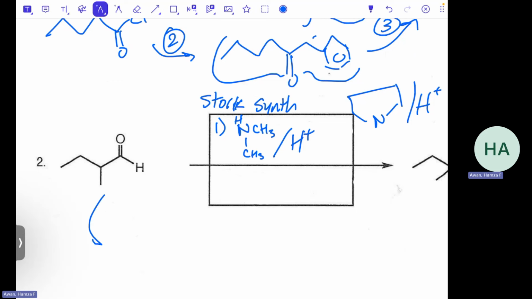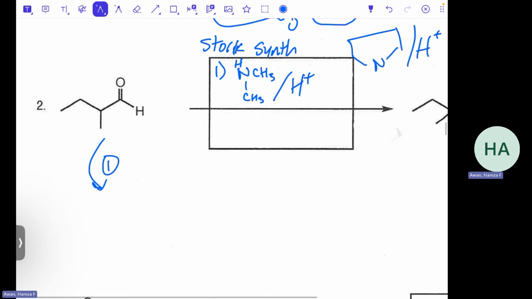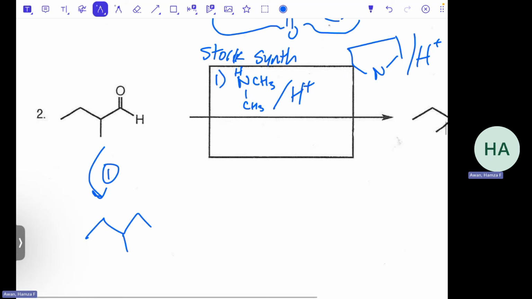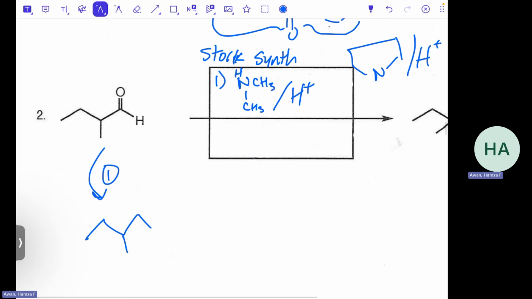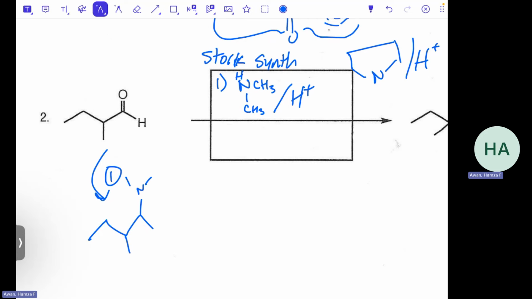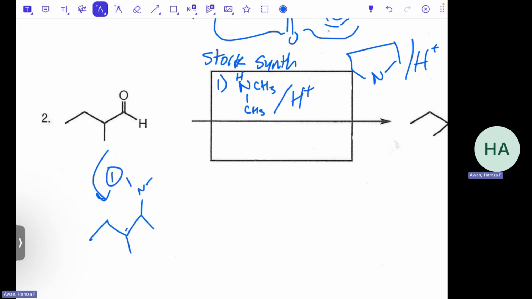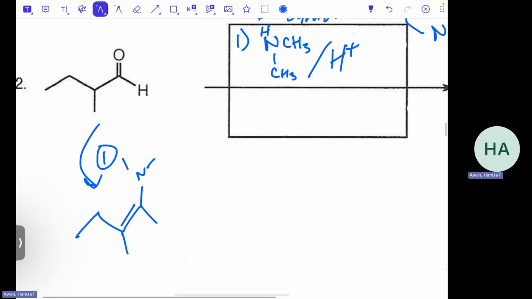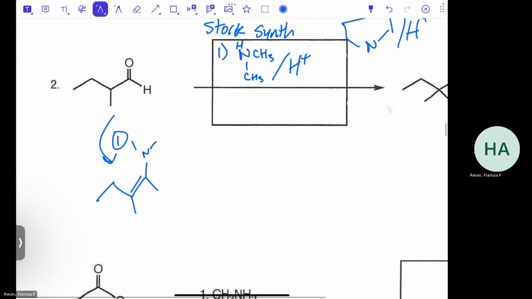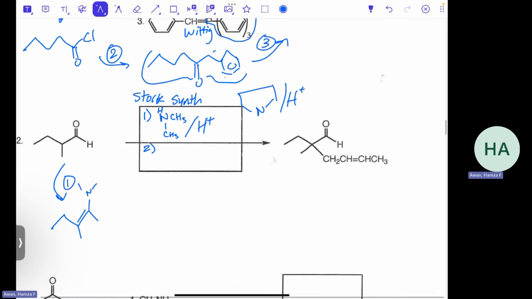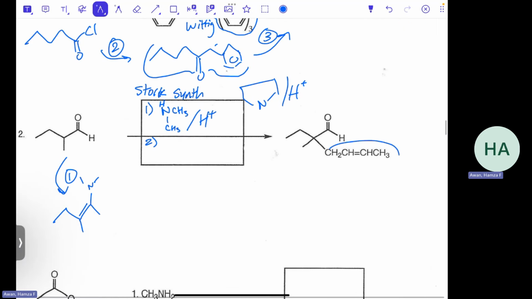So our first step is going to substitute the aldehyde with the amine. This is going to be bonded to the N now, and it's going to be an enamine. So this double bond is going to be created, right? Our second step is to add our group.